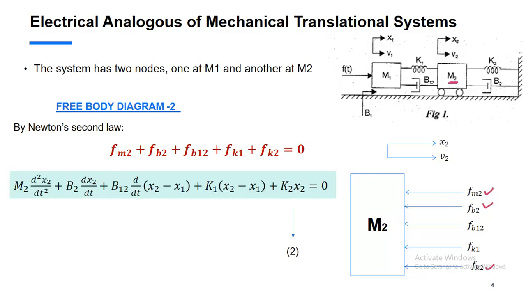K2 and B2 will introduce opposing forces. On this side, K1 and B12 will provide an opposing force. Using Newton's second law, we can write a force balance equation. Here only opposing forces, which are equal to 0 since we don't have an applied force. We get equation number 2.